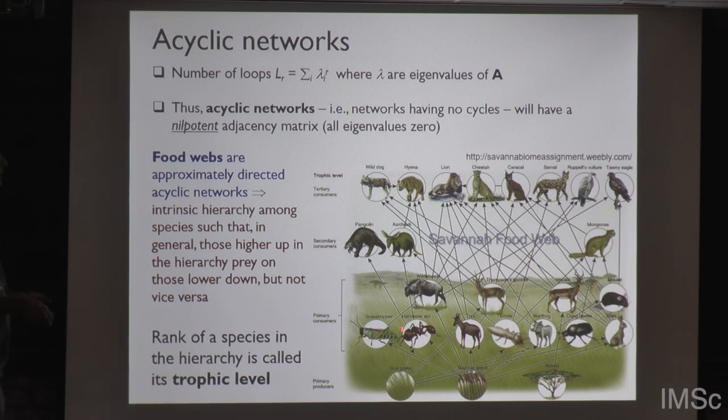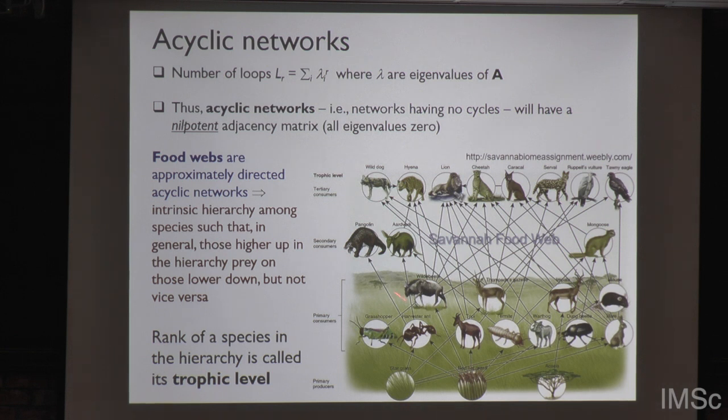So you can quite easily view it as a layered network where each layer corresponds to a trophic level, and you start from the base species, which are typically vegetation, to primary consumers, which essentially feed on the vegetation, to secondary consumers, which feed on the primary consumers, and thence on to tertiary consumers, which feed typically on the secondary consumers.